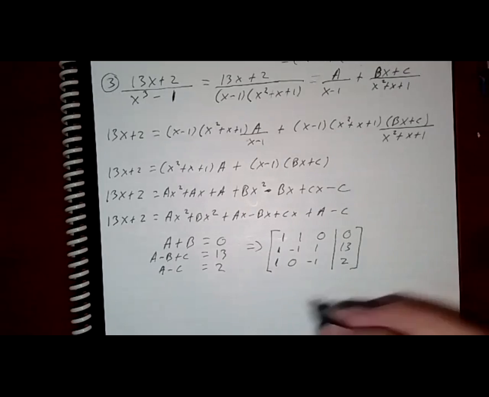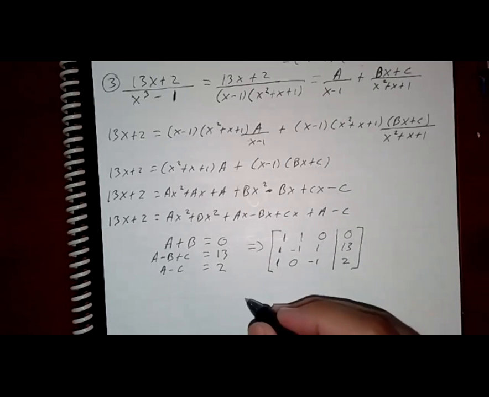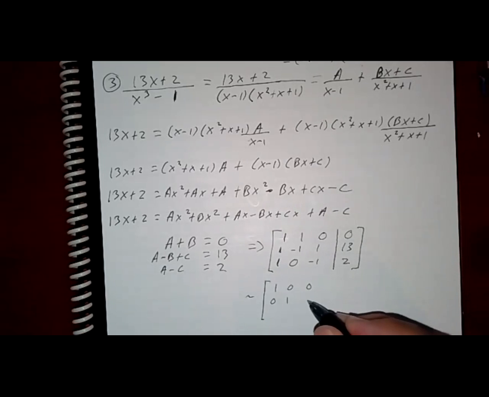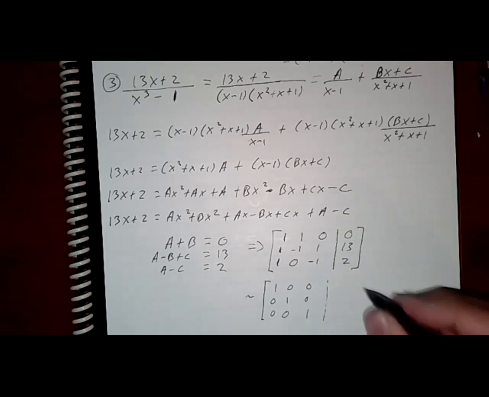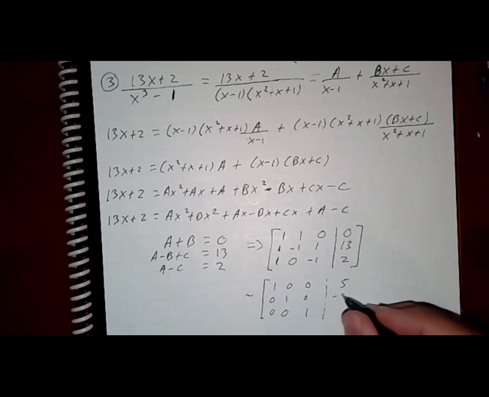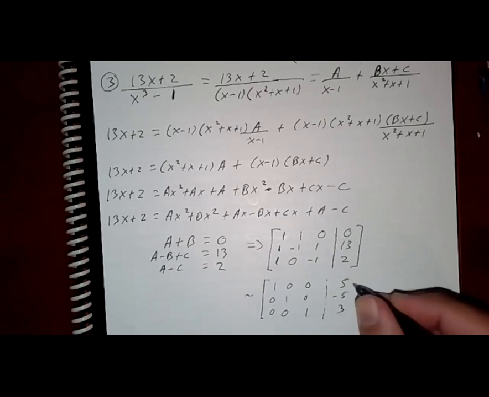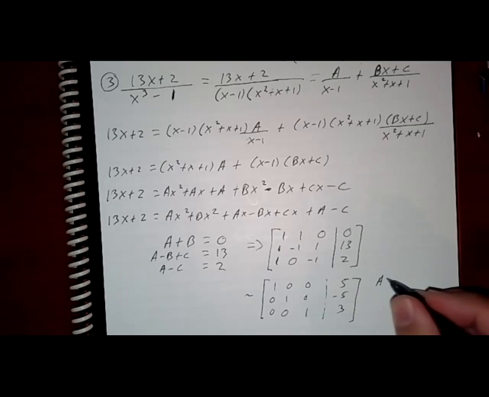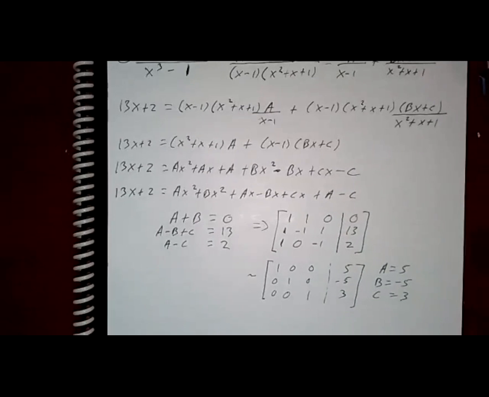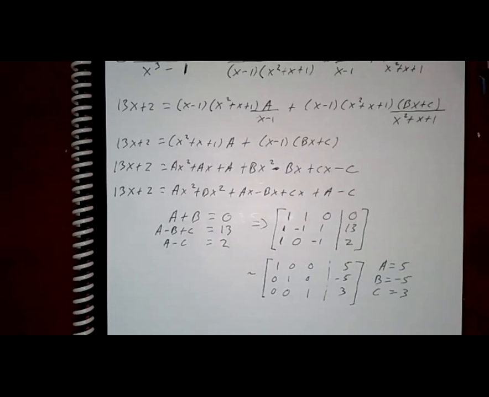So the answer, when you solve this matrix, you would end up with row echelon form, which is the ones on the diagonal is all that means, with your solutions on the right-hand side, 5, -5, 3. So A is 5, B is -5, C is 3. So that's my answer.